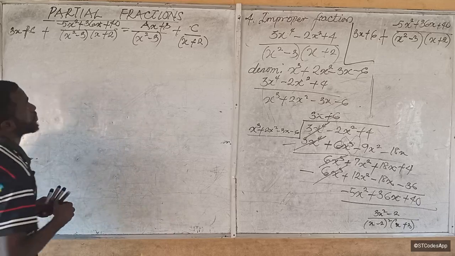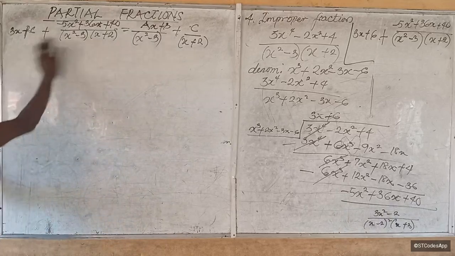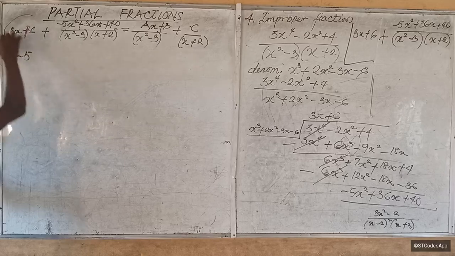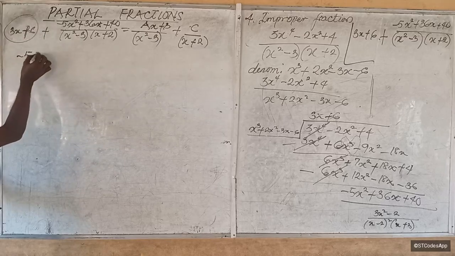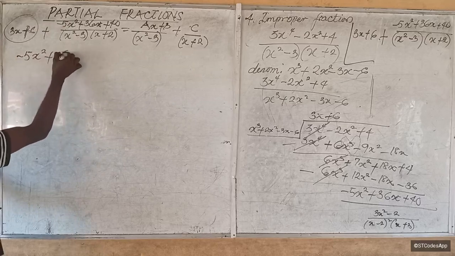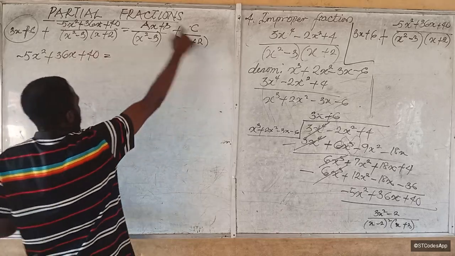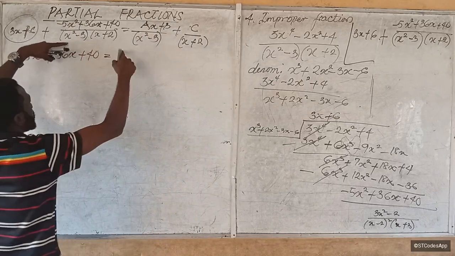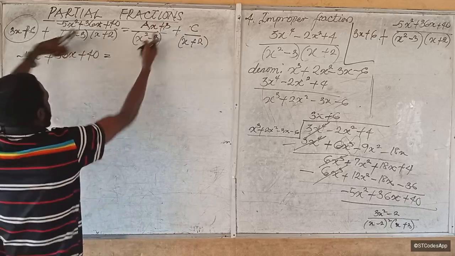So what do you do next? You multiply by what? The LCD. So that at the top here, on this side, we'll be left with minus. Remember, we have resolved this, so we are leaving it. Minus 5x squared plus 36x plus 40 is equal to, multiply this place by our LCD. LCD is going to be this guy. It will remain the top, and this one will take care of this.